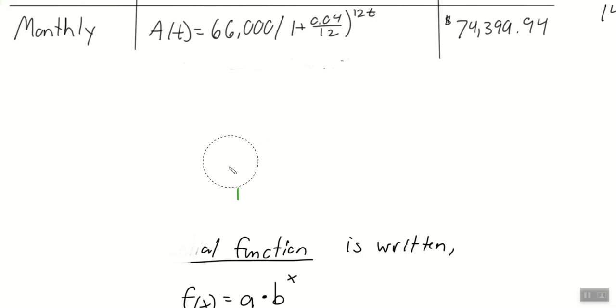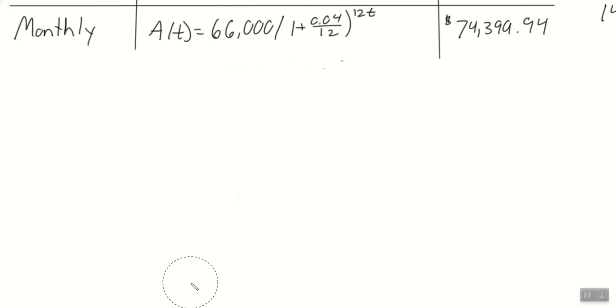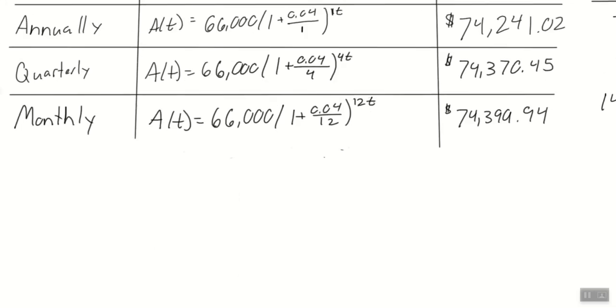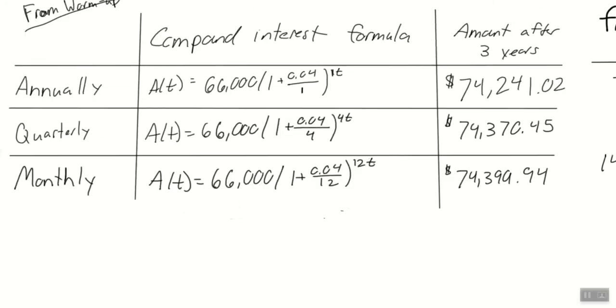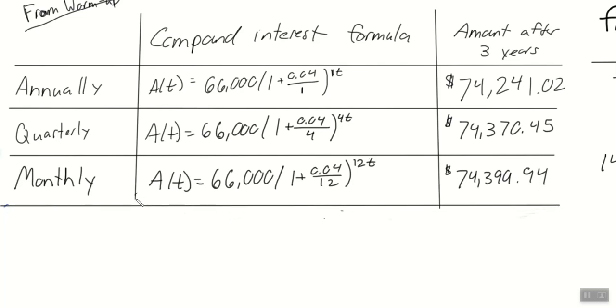Want to do weekly? We can do weekly, yeah. Angel wants to do weekly. How many weeks are there in a year? Yeah, 52. Okay, weekly.